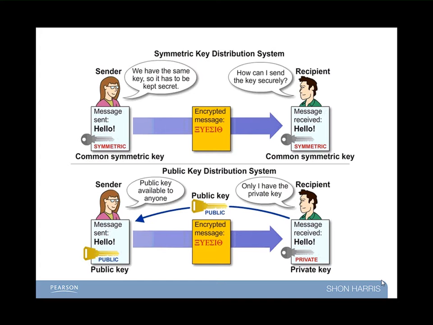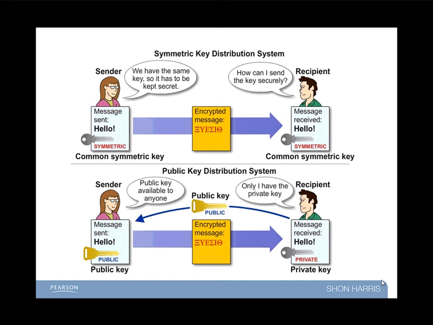Let's think about how that would work. I have a symmetric key that I need to get to you securely. Do I send it through email? No. If I send it through email, that symmetric key is not protected. I would have to get it to you out of band. Well, let's look at a better way than out of band communication.